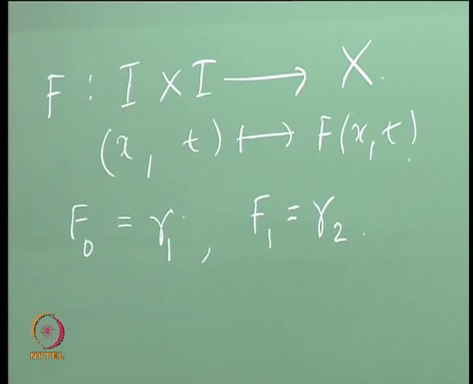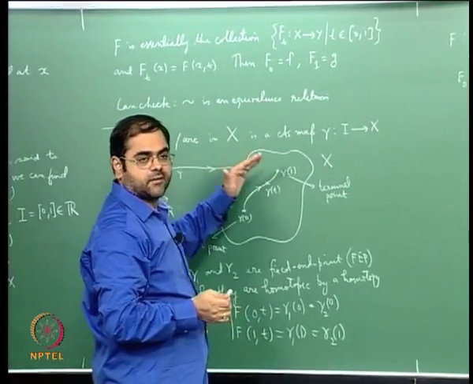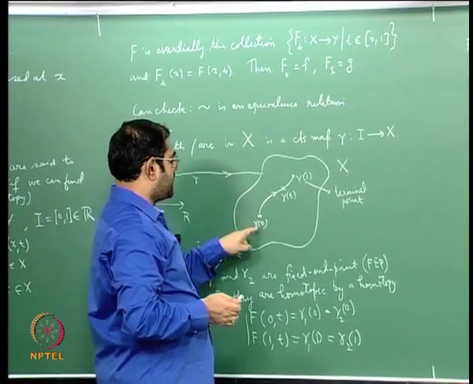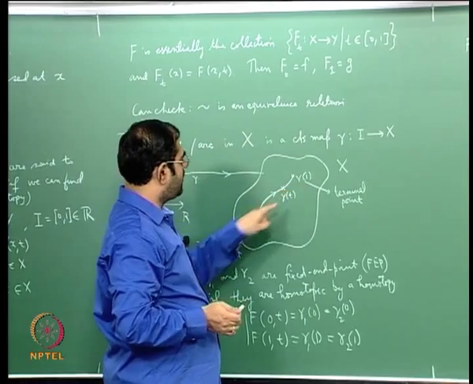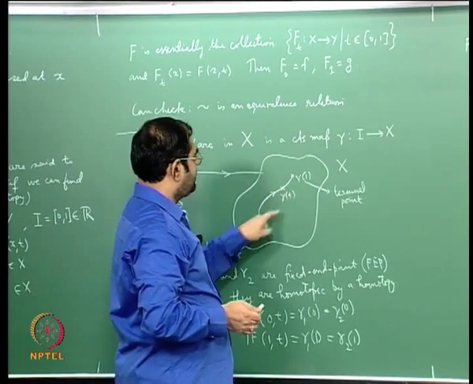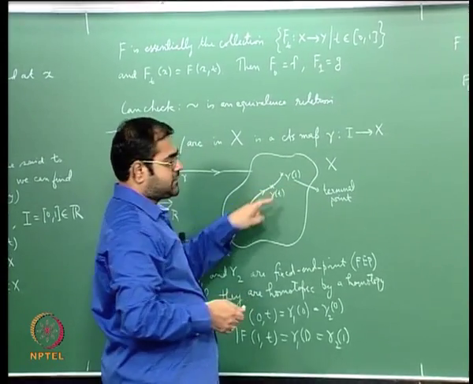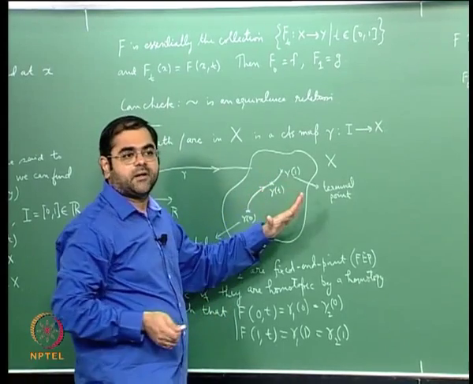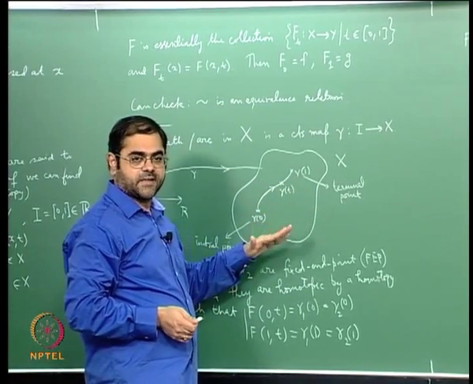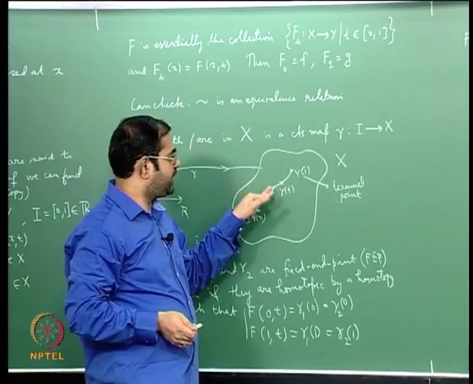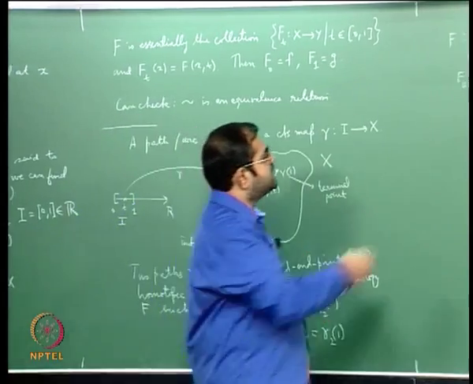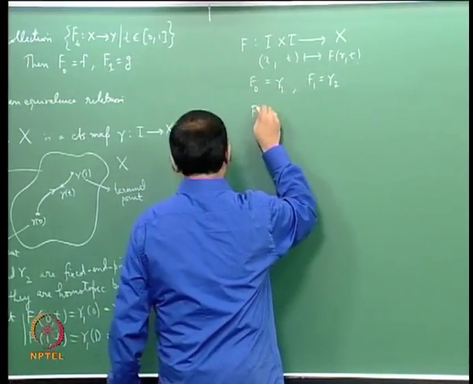That is saying that the two paths are homotopic, but of course I also want the end points of each intermediate path to be the same as those of gamma 1 or gamma 2, and that is given by these two conditions.